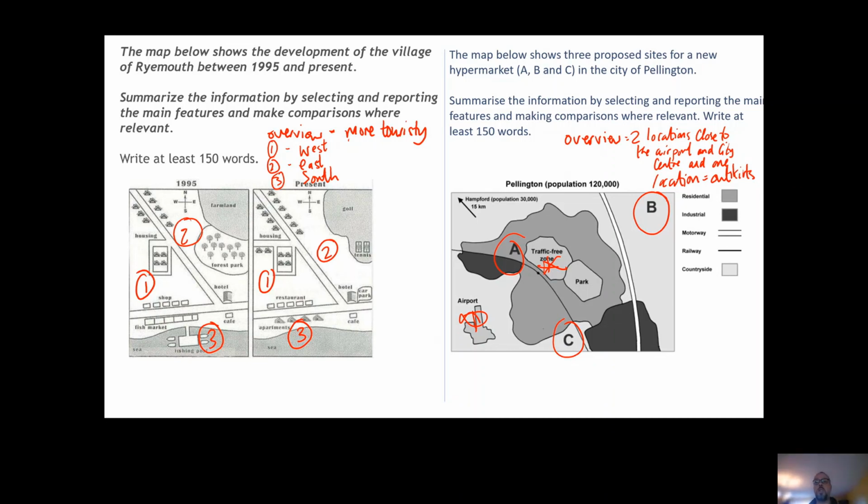So 2 of the locations suggested are close to the city centre and airport. 1 of these locations is on the outskirts of the town.